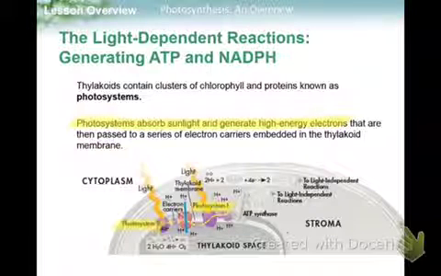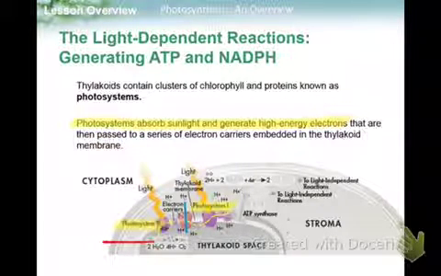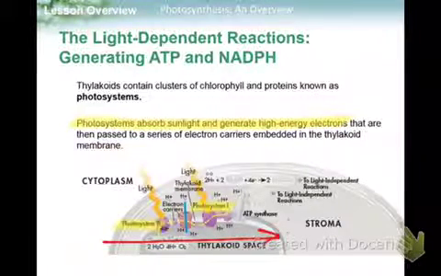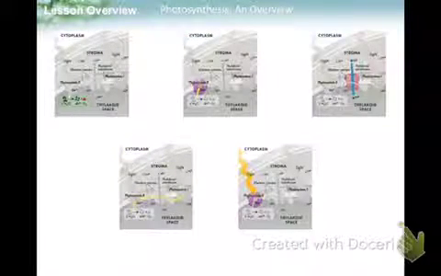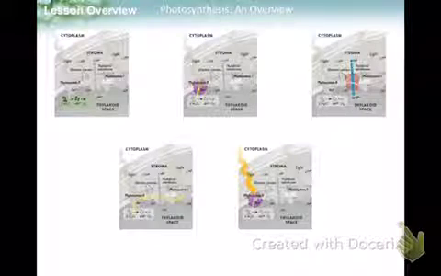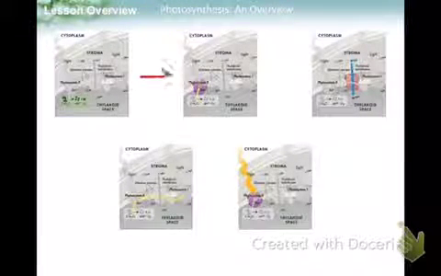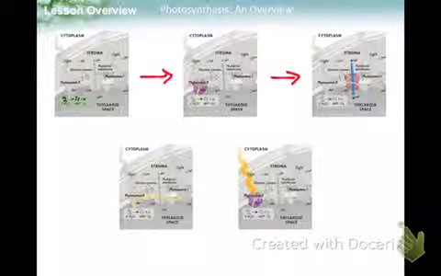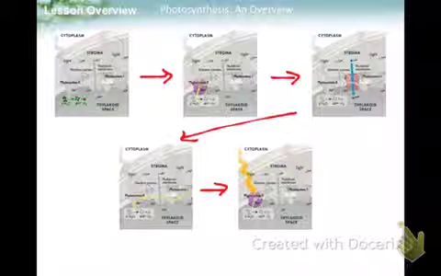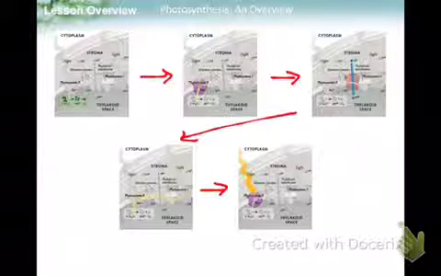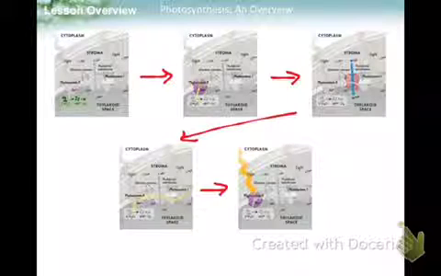So the flow of what's happening here goes from left to right in the light-dependent reactions. There are different parts of this diagram that are highlighted in these different pictures. The flow goes like this. So just keep in mind and take a look at the different aspects of the overall reaction.